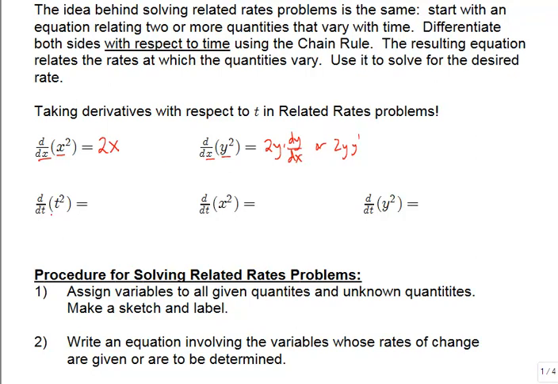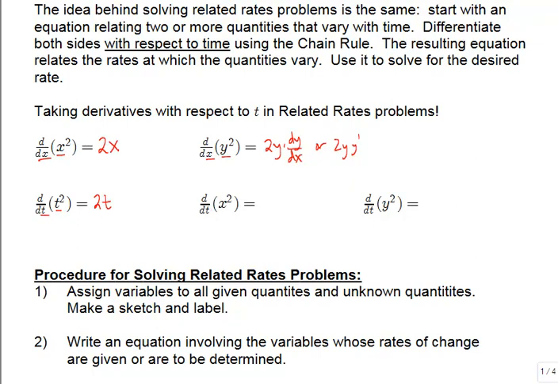So very rarely, but occasionally, you might take the derivative of a t term with respect to t. If these two t's match, then you take your normal derivative and you're done. So the derivative of t squared would just be 2t.